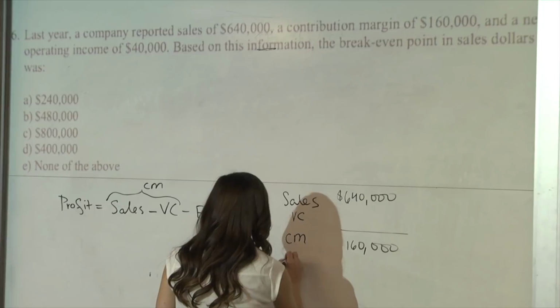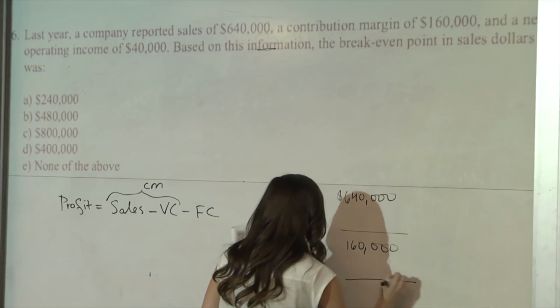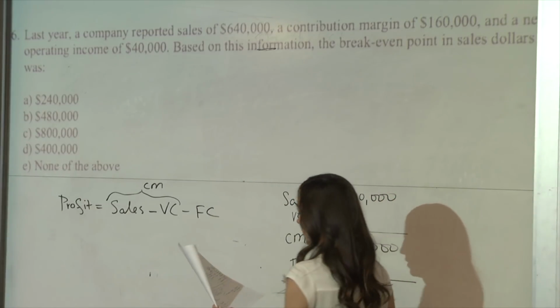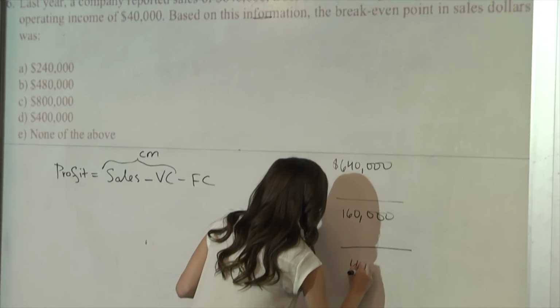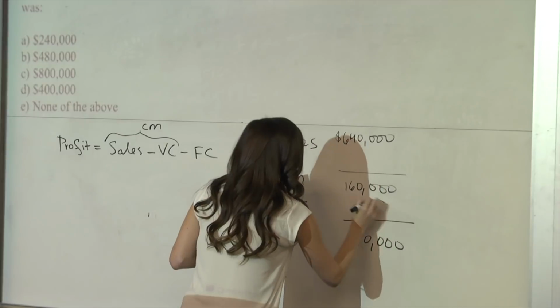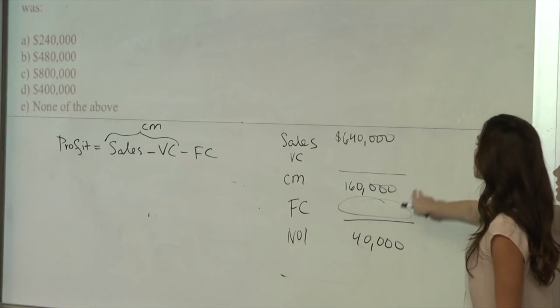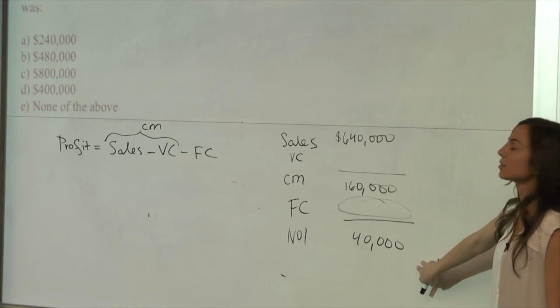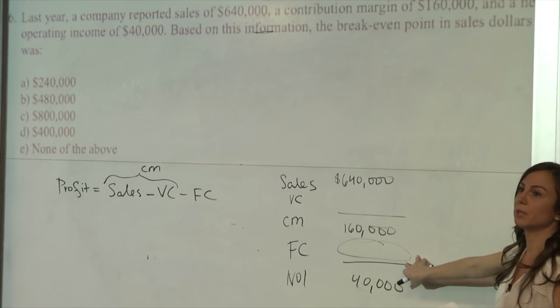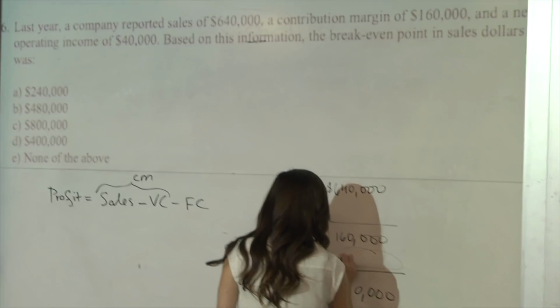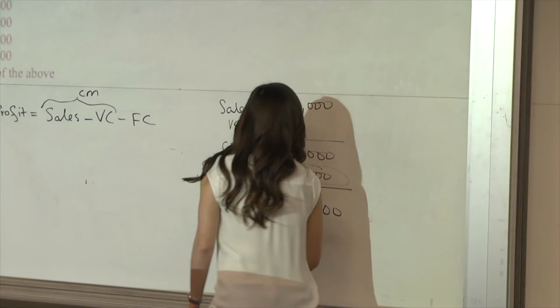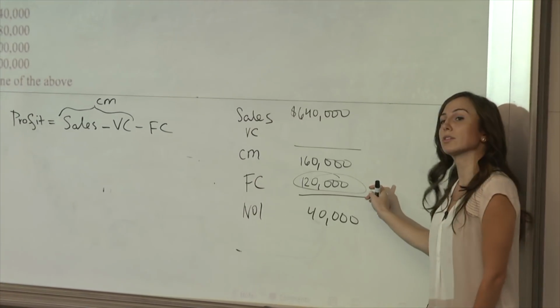Then we have the fixed costs. We don't know this yet, but we do know the net operating income. Because we know the contribution margin and the net operating income, we can easily get the fixed costs. That's going to be $120,000.